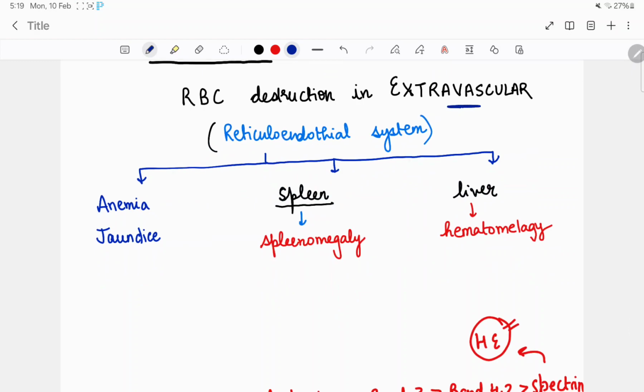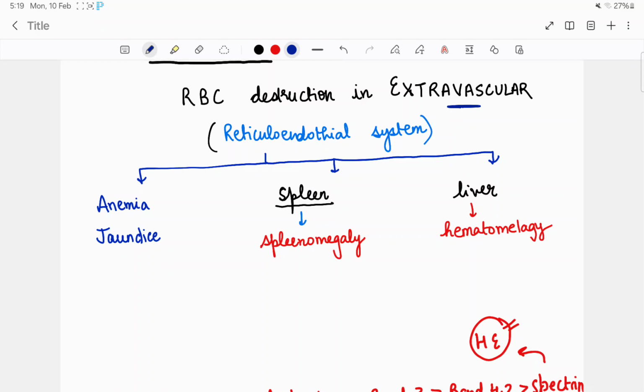Extravascular means outside the blood vessels, that is the reticuloendothelial system: spleen and liver. The RBCs will keep on lysing in the spleen, causing splenomegaly, and in the liver, it will cause hepatomegaly. It will also present with anemia and jaundice. So this is about what extravascular hemolysis is.